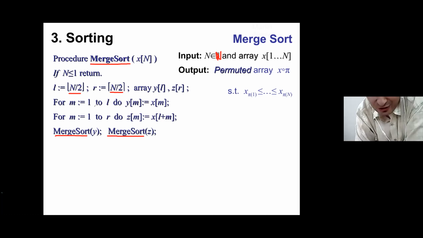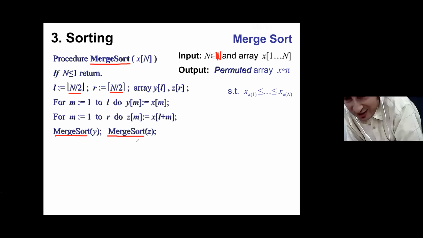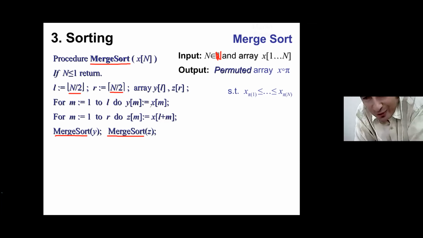I assume that I can merge sort these arrays y and z themselves, and regardless of what is done in this algorithm, at the end I'm certain that the array y is sorted and the array z is sorted. So now I have two pieces of the array x which are sorted. The first half of x is sorted and the second half of x is sorted.